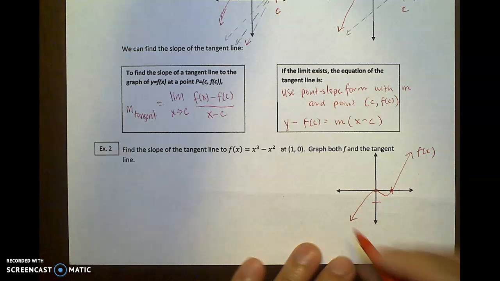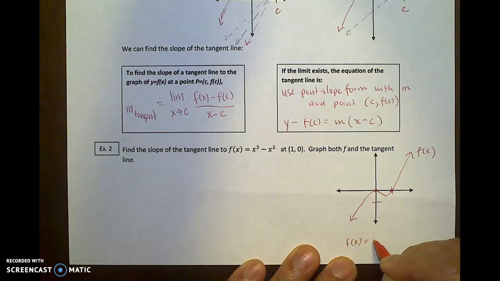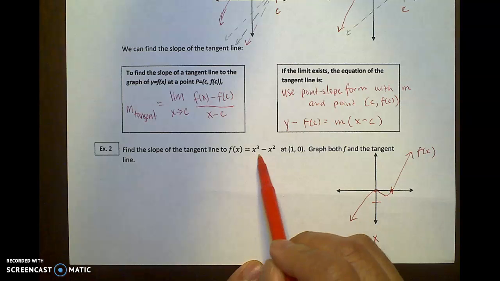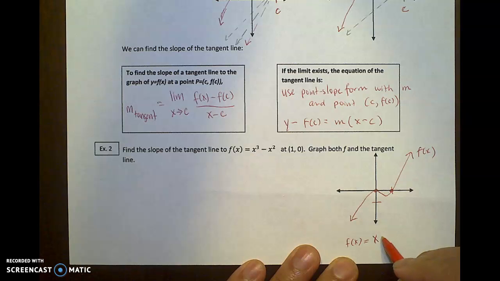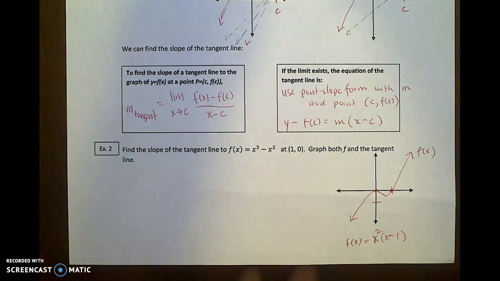When graphing this function, we can look for zeros, so maybe we can do a little factoring, taking out a GCF of x squared. Now I'm left with x squared times x minus 1.